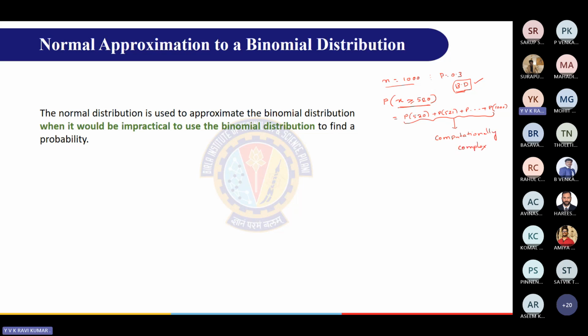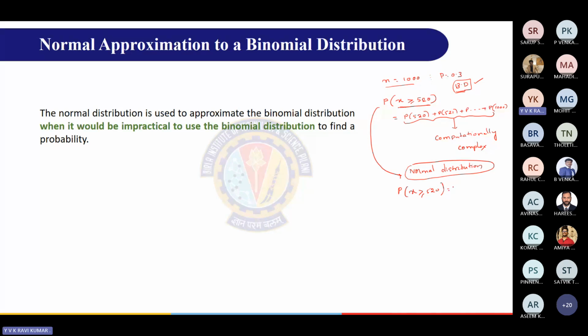Now suppose it is a normal distribution. Do you see any complexity involved in the computations if it is normal? Any answer for this? Suppose this is P of X greater than or equal to 520, right?